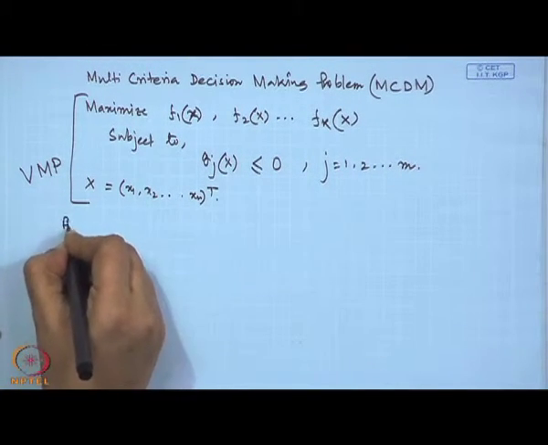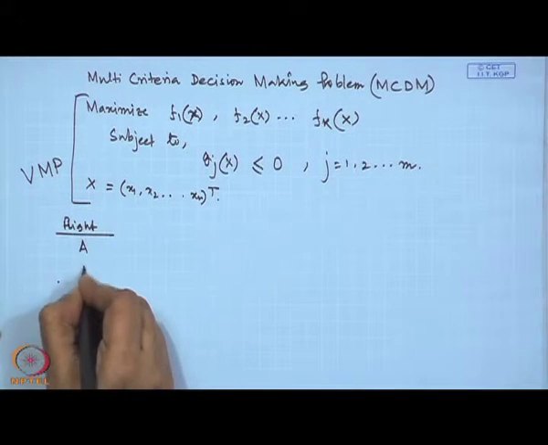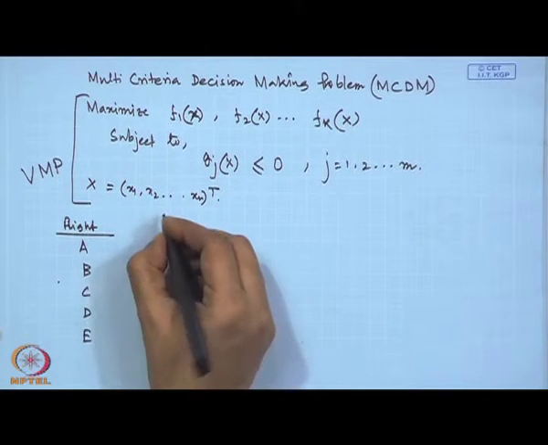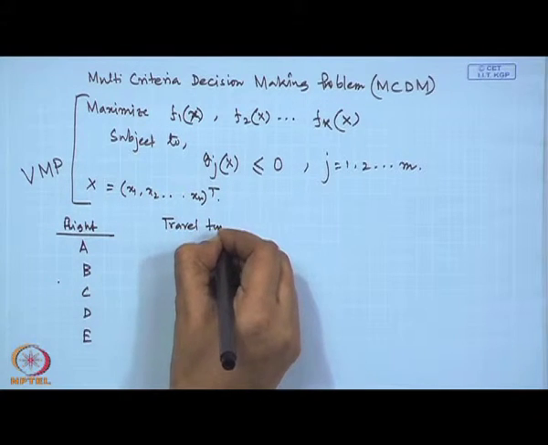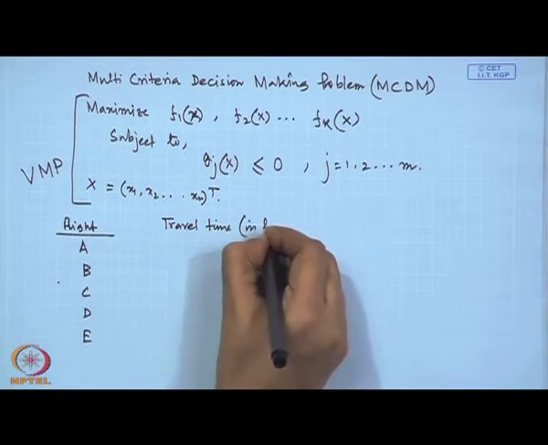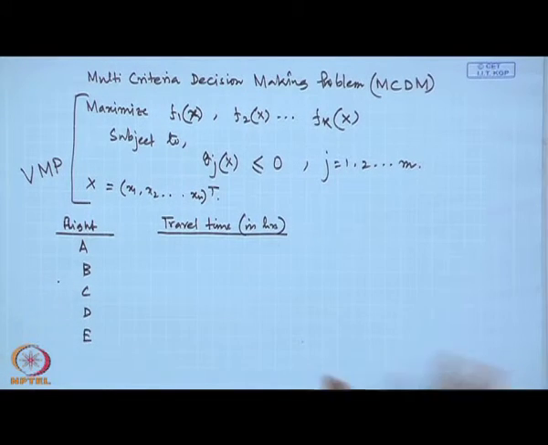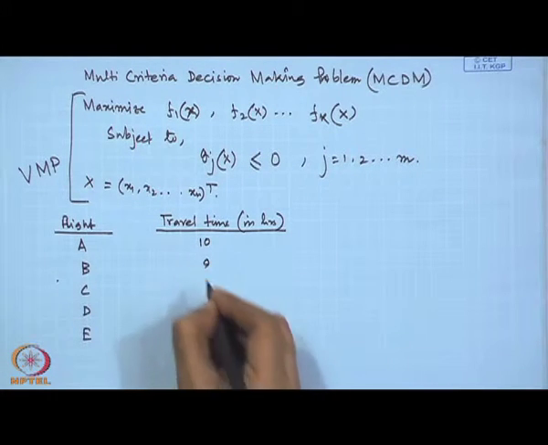Say there are a few flight options, A, B, C, D and E. We have the information about the travel time, given in hours. We want to plan a long trip, that is why the travel time is high.